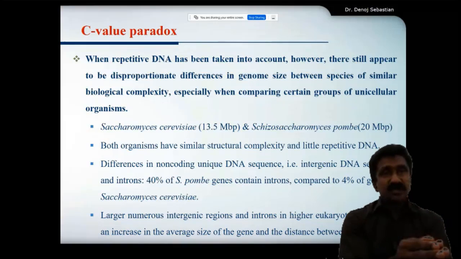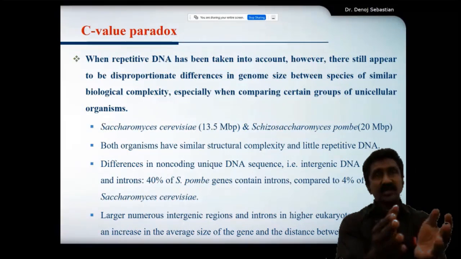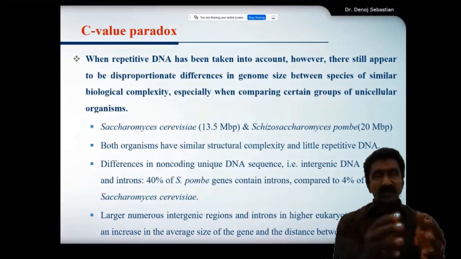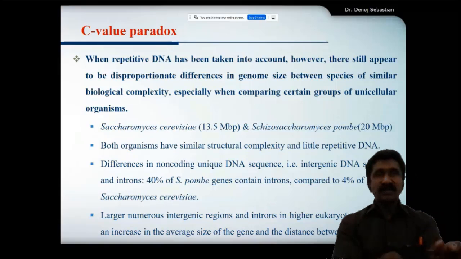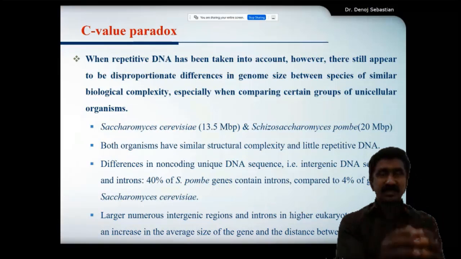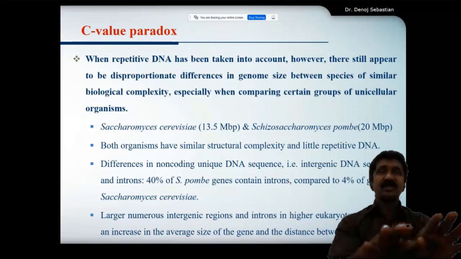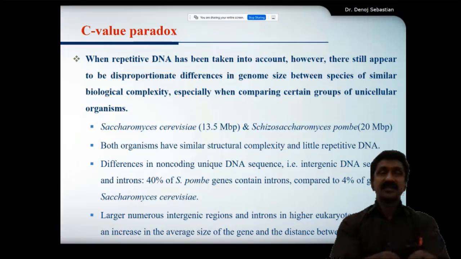Both organisms have similar structural or biological complexity and little repetitive DNA. They don't have any large quantity of repetitive DNA, and their biological complexity is the same. Even with all these factors remaining the same, there is still about one-third overall size difference between these related species.